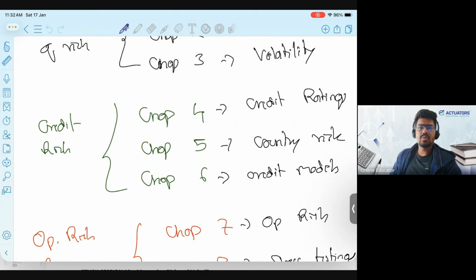क्रेडिट रेटिंग्स आपको, you may have heard about ratings, downgrades, rating upgrades by CRISIL, ICRA in India. There are international credit rating agencies such as Moody's and S&P. So what they do is they analyze the creditworthiness of the issuer.